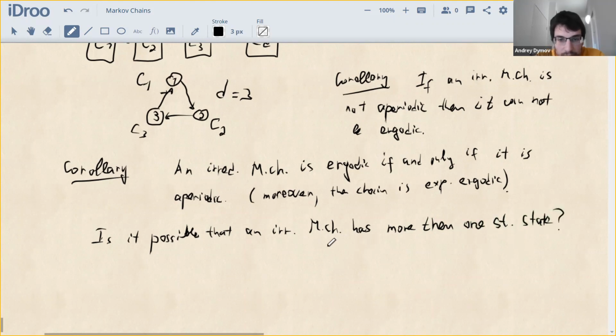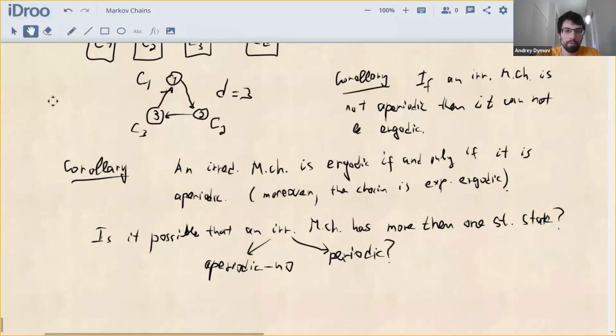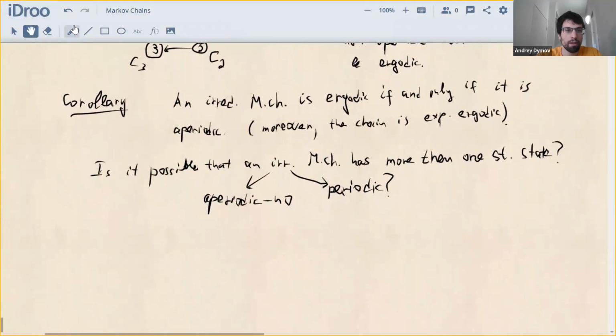So clearly, if it is aperiodic, then no, because of the corollary above, because it is mixing. But if it is periodic, in fact, the answer is also no.